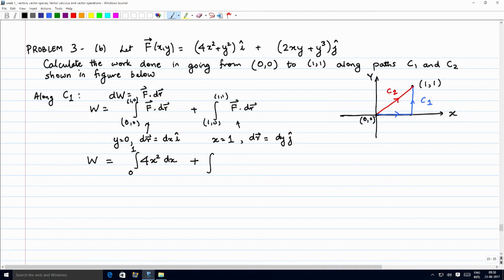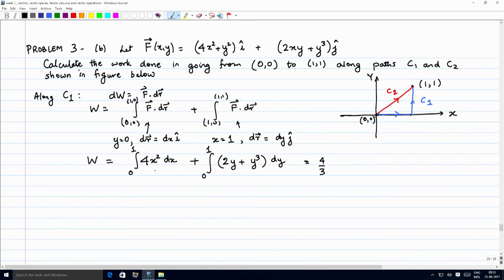Now, dr is just dy times j, so F dot dr gives (2xy + y³) dy, and with x equal to 1, I have the integral of (2y + y³) dy, taking y from 0 to 1. So I converted both these integrals to simple one dimensional integrals. And so what you will get? You will get 4/3.